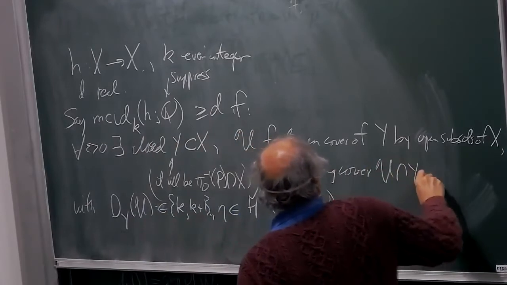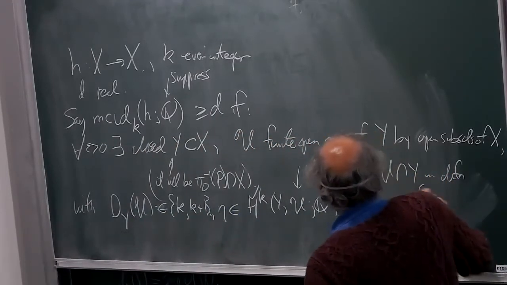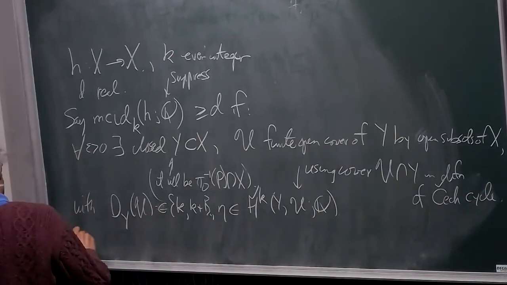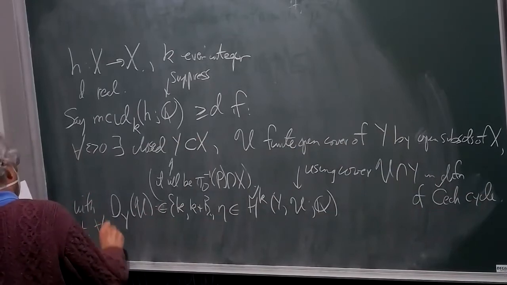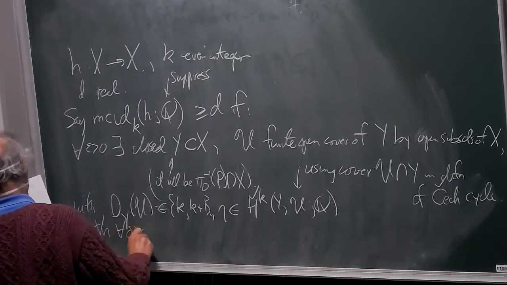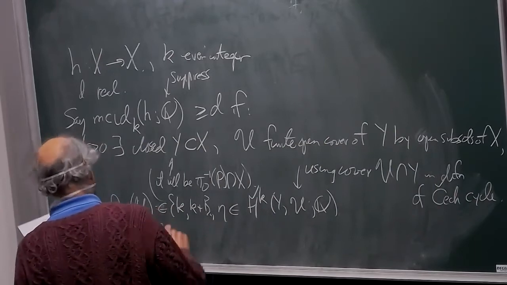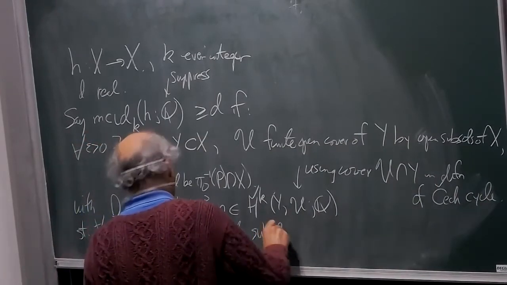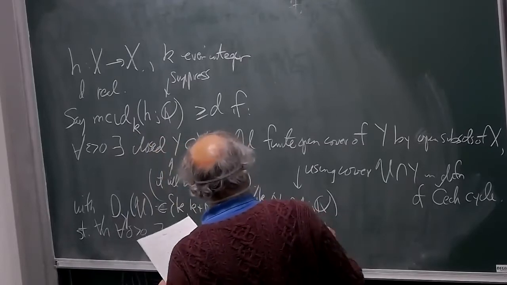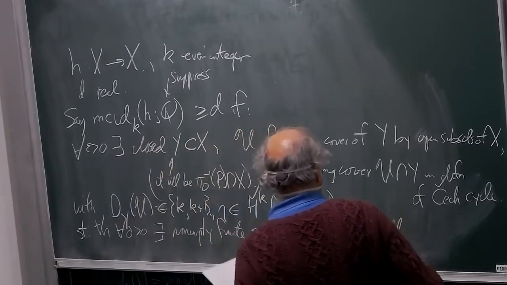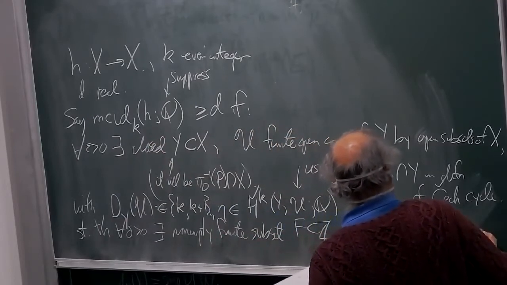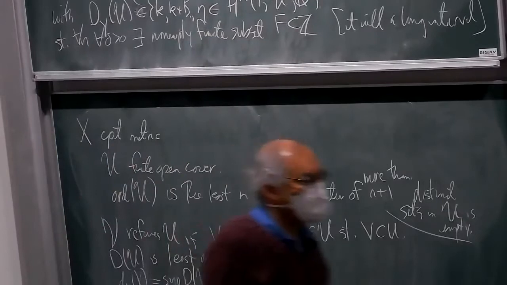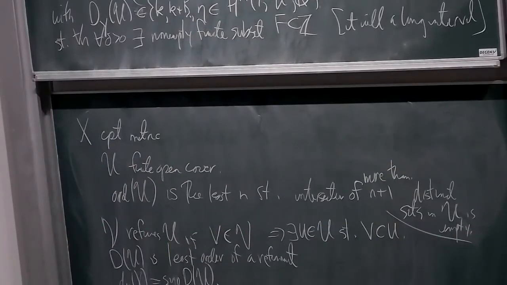Well, it's really U intersect Y in the definition of the Čech cycle, such that for all delta bigger than 0, there exists a non-empty finite subset F in Z. It will be a long interval, at least in the examples.